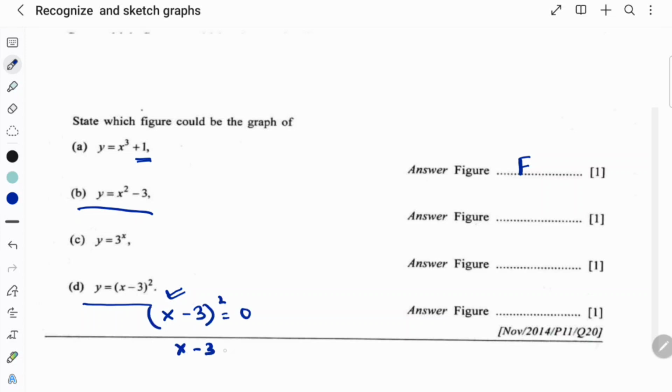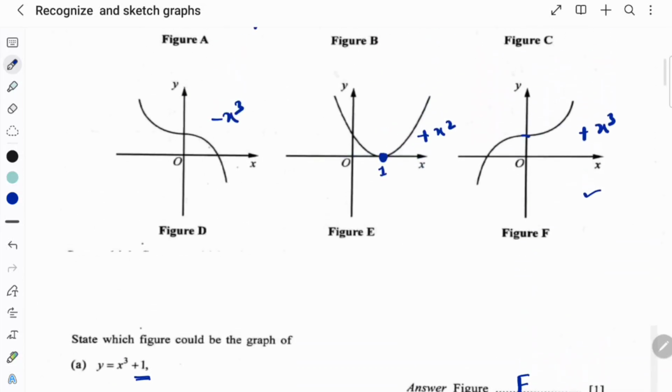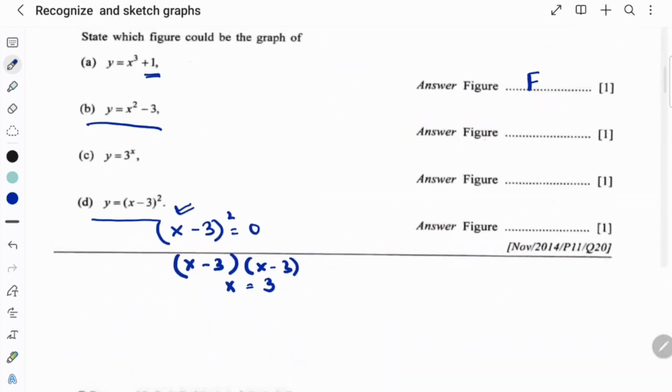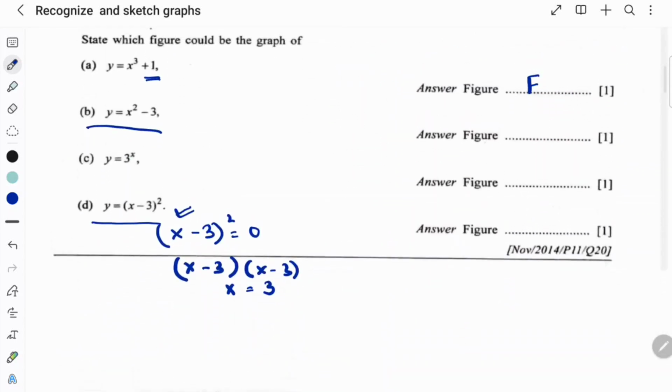So x minus 3 and x minus 3 equals to 0. So x has just the same answer, 3. That is the repeated root for part D. You can see it is part E here. It means that it was not 1, it was 3 here, and it's opening upwards. So it's opening upwards means x minus 3 whole square we can write down. E will go with this one.